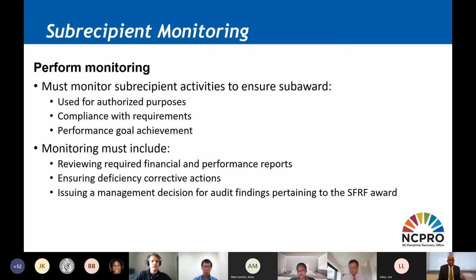Monitoring must include reviewing the required financial and performance reports, ensuring that if there are any deficiencies noted, corrective actions are taken.